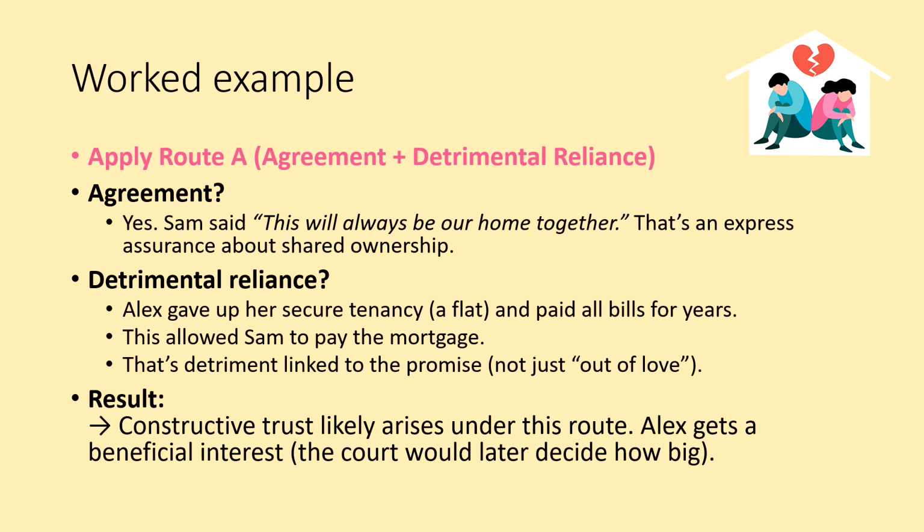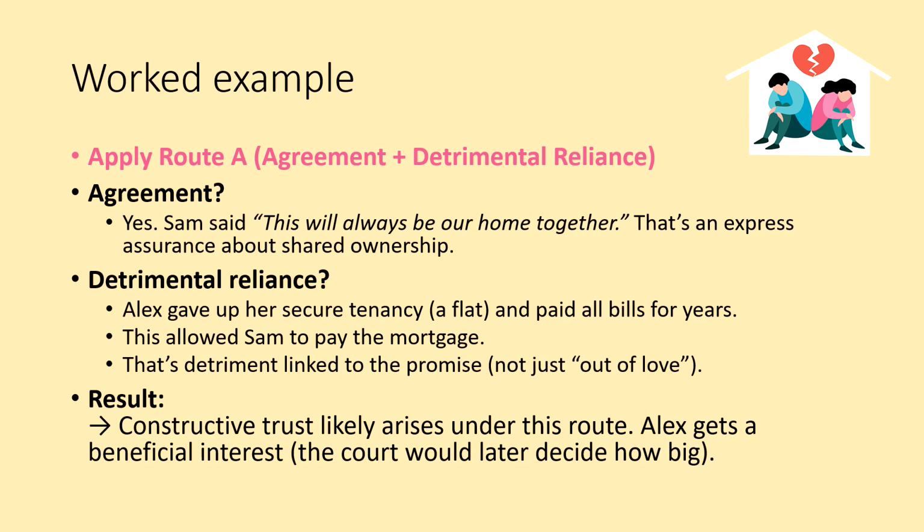So we could definitely say that very likely there's going to be a constructive trust, and that Alex would get a beneficial interest because she relied on Sam's promise. She definitely believed that they would be living there forever, and she gave up her flat, for example.